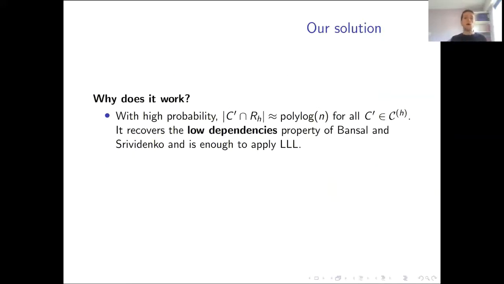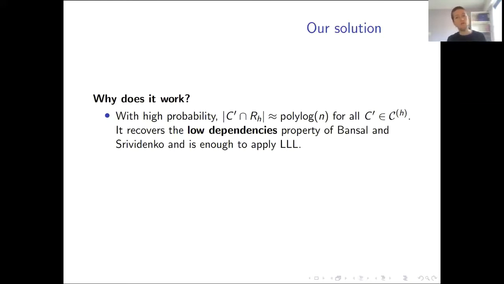And why does this work? First, with high probability, if I look at the smaller hyperedges that might intersect C, restricted to the resource set of convenient granularity, I have an expectation of size polylog n, so with high probability I can argue that the size is polylog n.